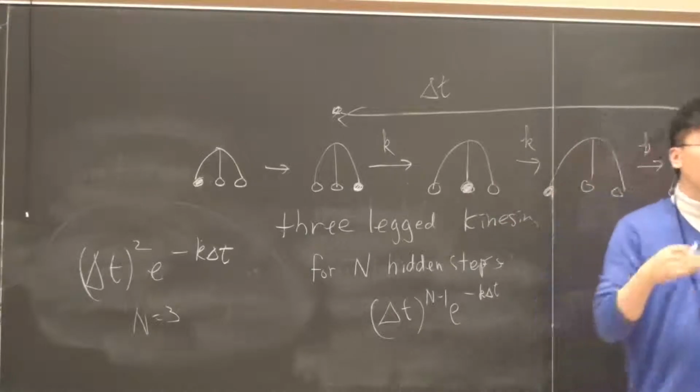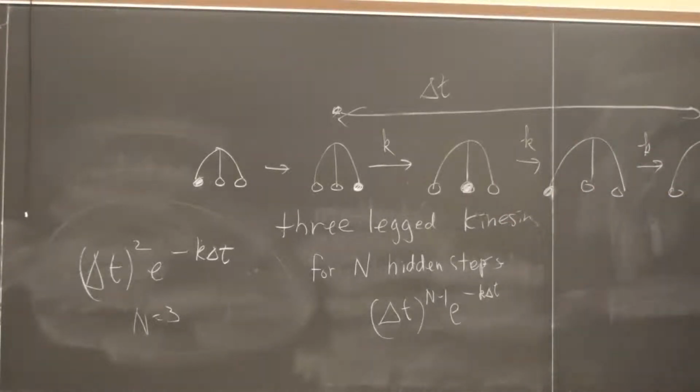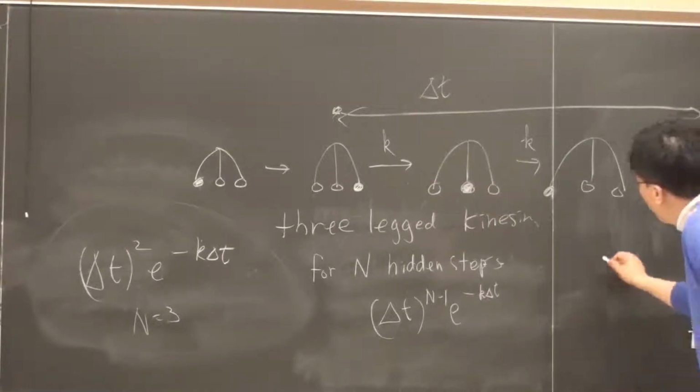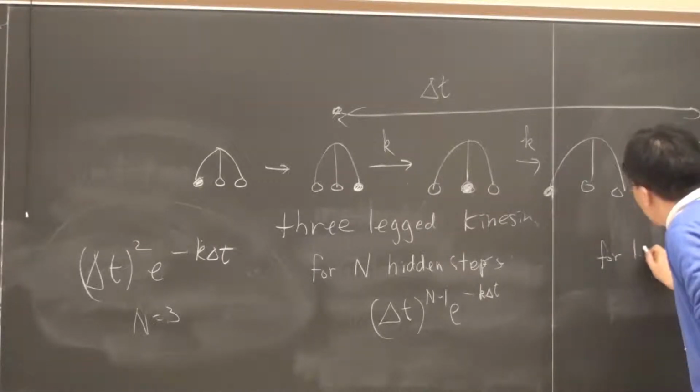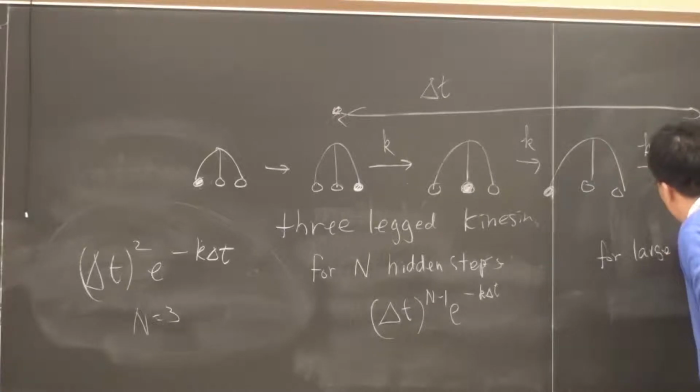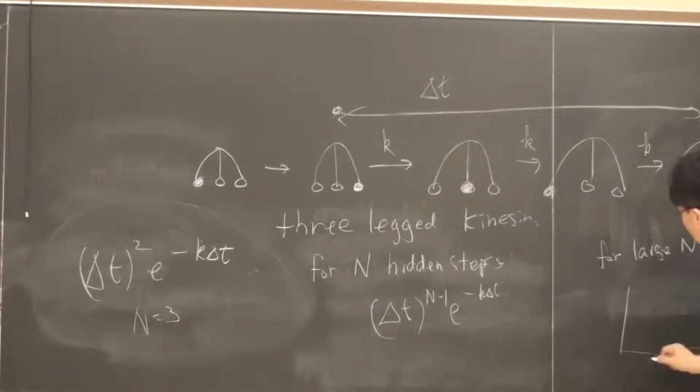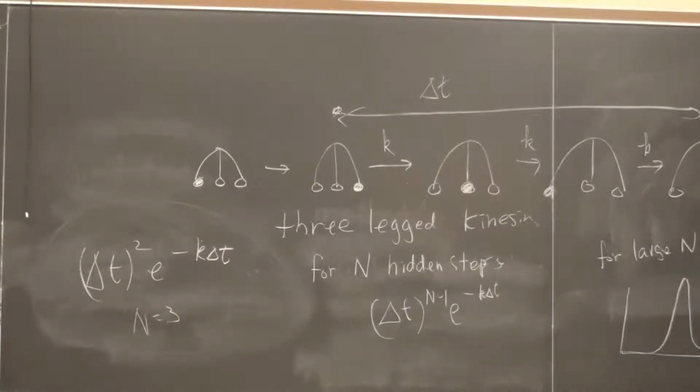When you have n hidden steps, that distribution will look like this, and you can show this by doing a simple calculation, convolution, doing it multiple times. So for a large n, that histogram can appear to be really sharp. Okay?